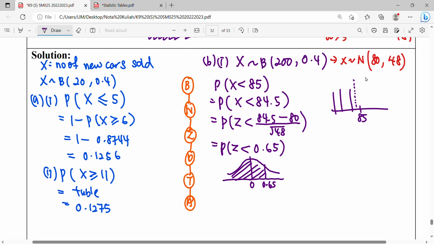So from the table, how do we get this area? We take the overall 1 minus the tail here. So our next step for the table, we are going to take 1 minus the tail of 0.65.